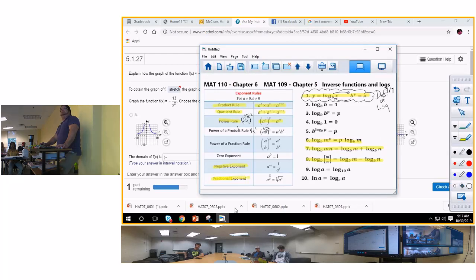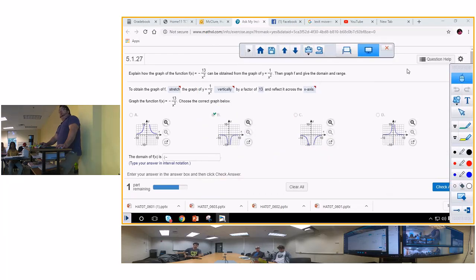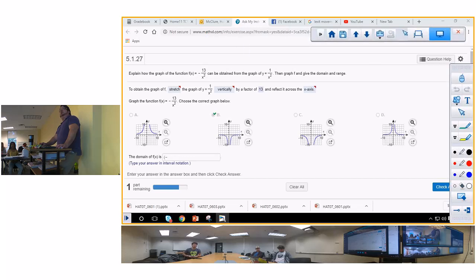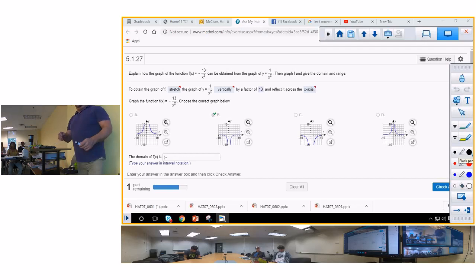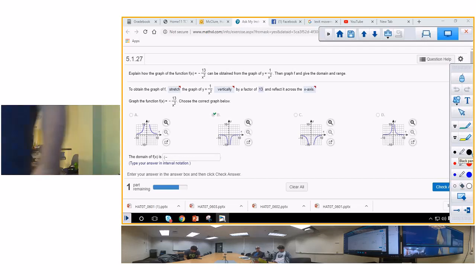Let me turn this on. So we know that the parent graph is going to be either a vortex or a volcano. So let's look and see which one it is. Let's go ahead and rewrite this. First of all, this needs to be rewritten.